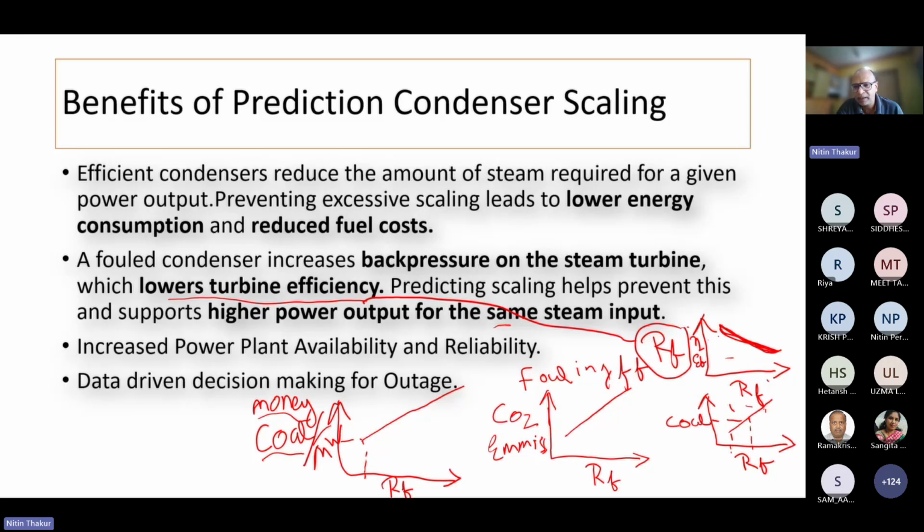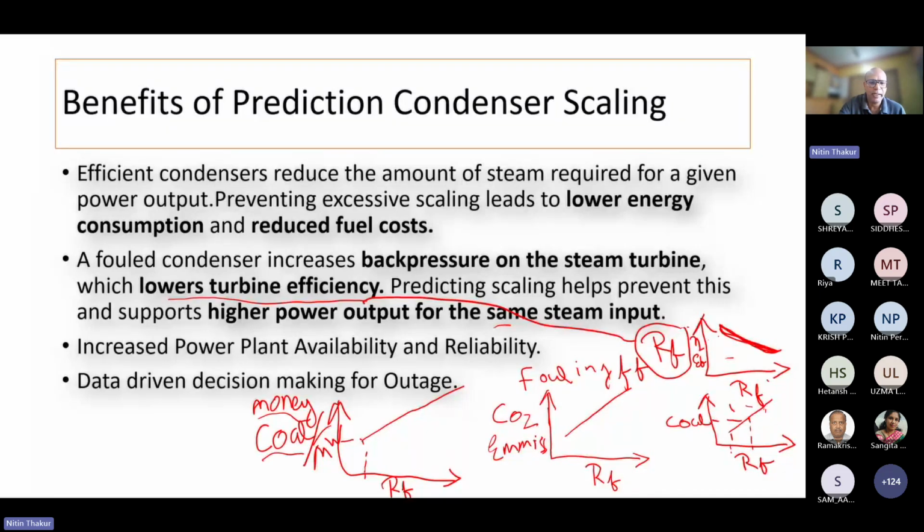With the help of these graphs, I was able to explain it very easily. But the power plant management that is making the decisions are not really chemical engineers, so they need more data to do that.